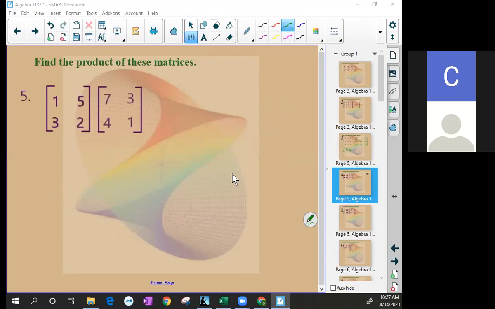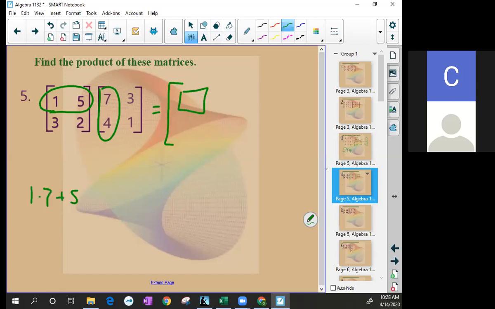So you've got to take the first row times the first column, and that's going to give me my answer for that position. So I'm going to do 1 times 7 plus 5 times 4. Well, that'll be 7 plus 20. That's 27.